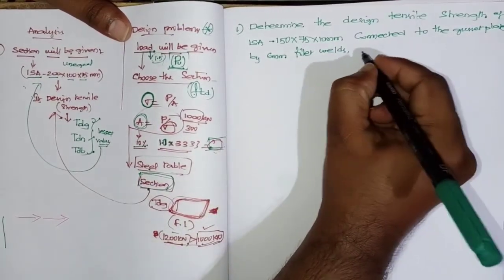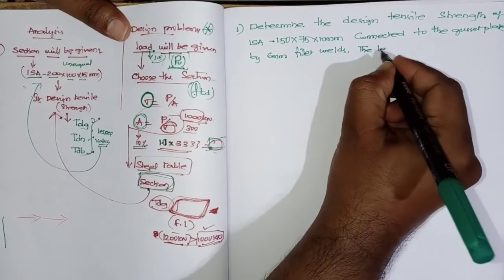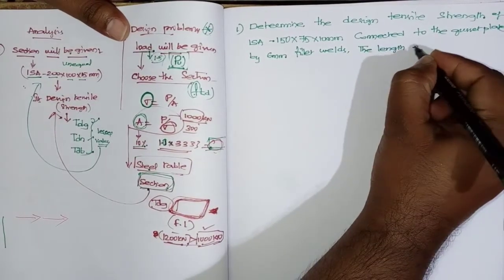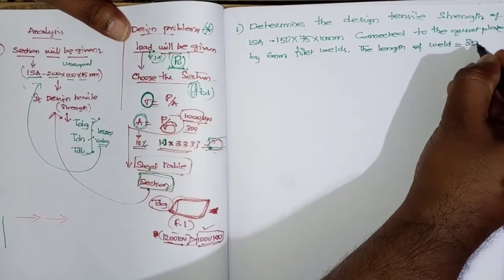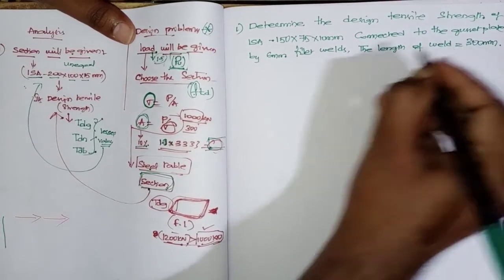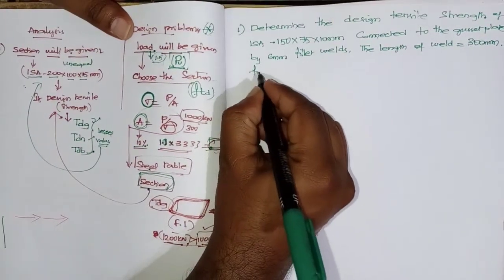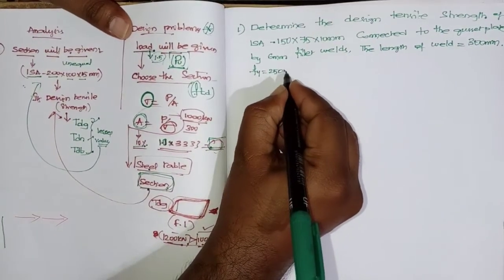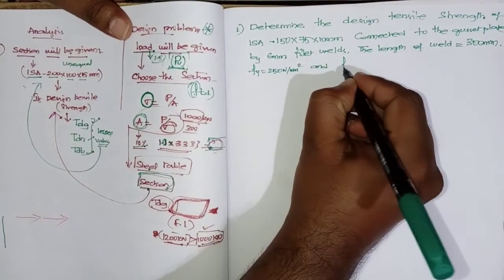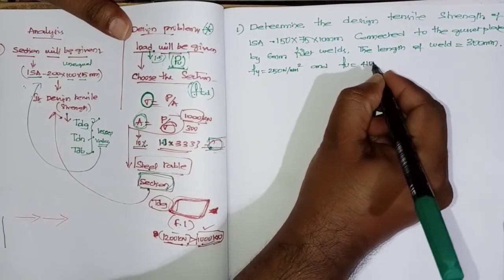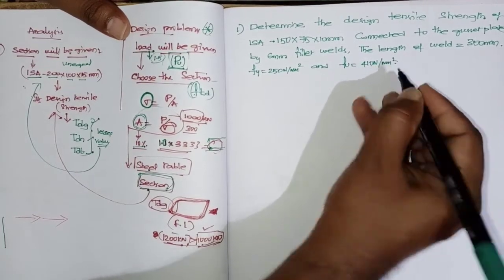The length of weld is 300 mm. Take Fy as 250 Newton per mm square and Fu as 410 Newton per mm square.